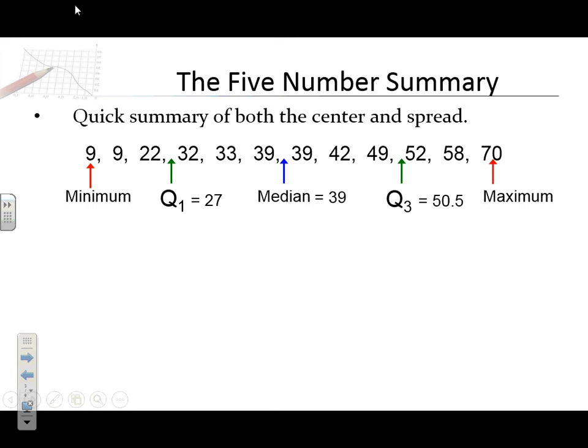Median and quartiles may require a little bit of searching. So you find your median first, then find the median of the lower half for quartile 1, and the median of the upper half for quartile 3. Now in your calculators, to find the 5-number summary, go ahead and get your calculators out. Let's go through this process.